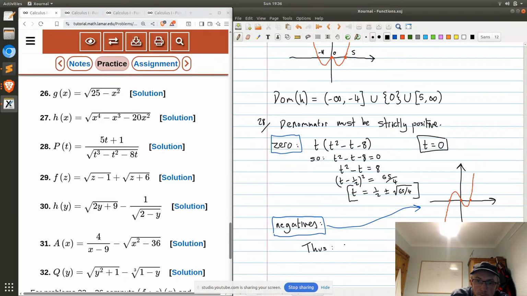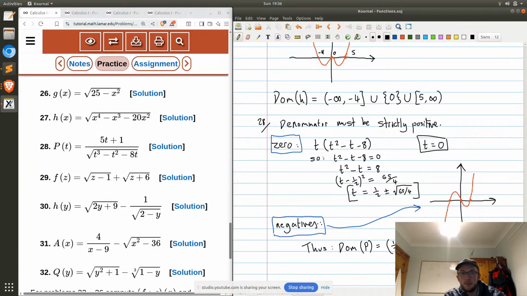Thus, the domain of P is from a half minus root 65 over 2 all the way up to 0, but not including that, coupled with a half plus root 65 over 2 all the way to the end of the rainbow.